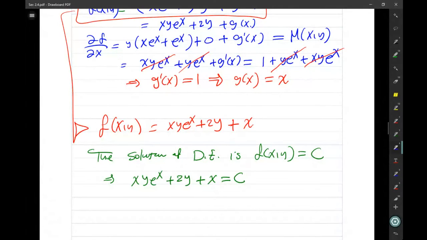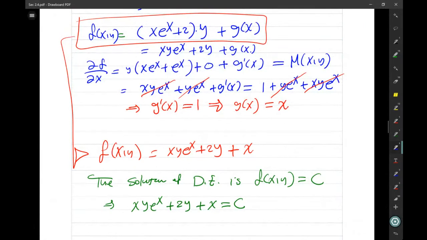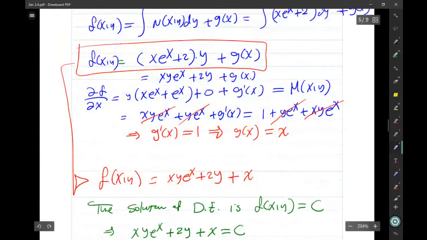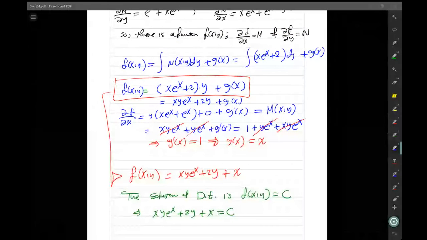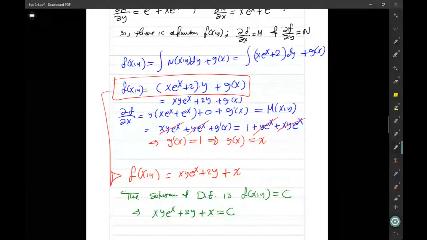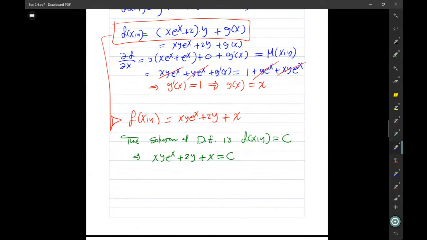Is it clear? This example, is it clear? Any question about this example? Now, can you take y as a common factor here? You can. y times x ex plus 2 is equal to c minus x.